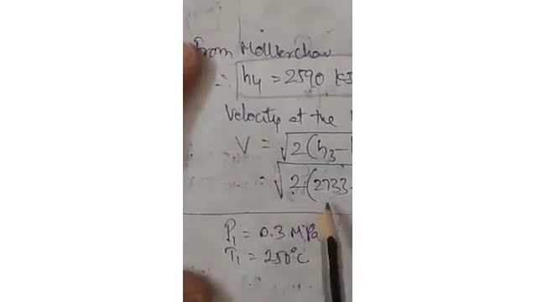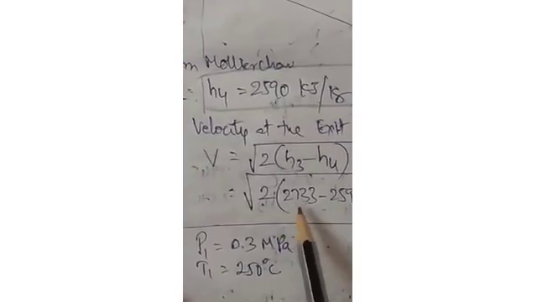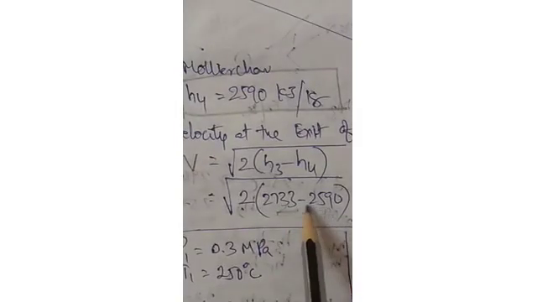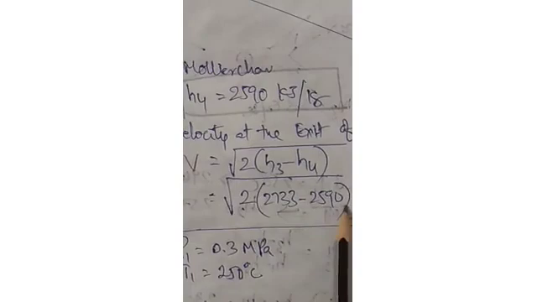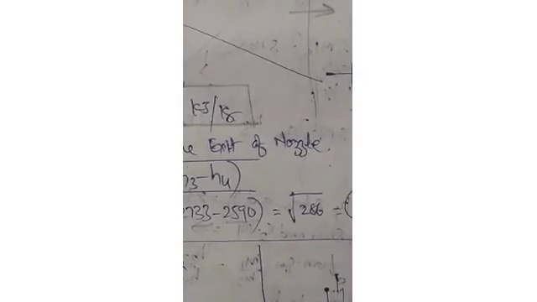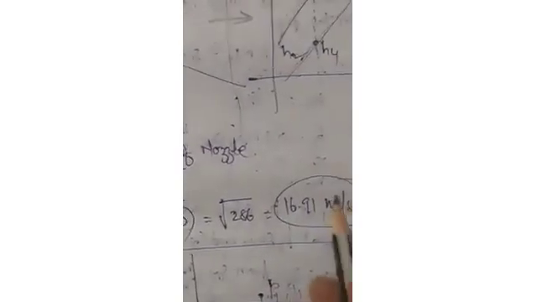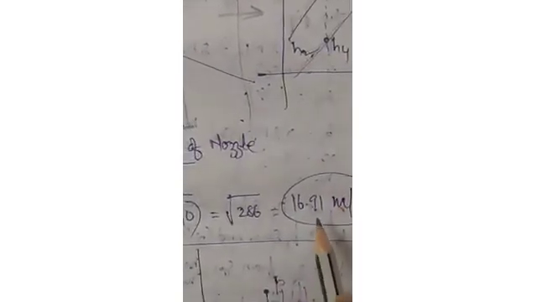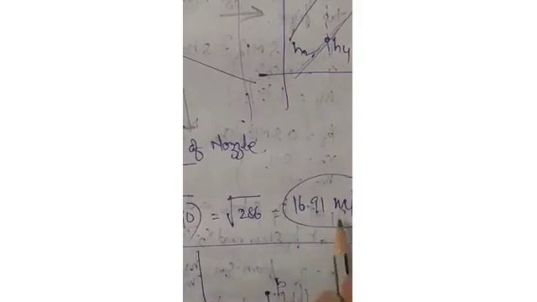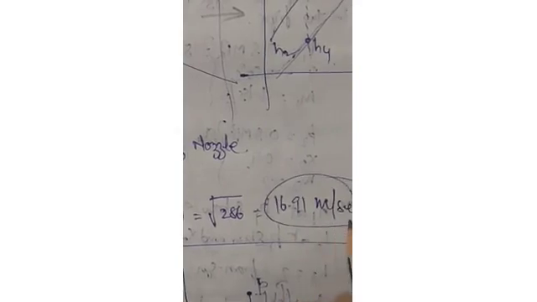V is equal to under root of 2 into (2733, that is H3, minus H4, 2590), which is nothing but under root of 286, which comes to about 16.91 meters per second.